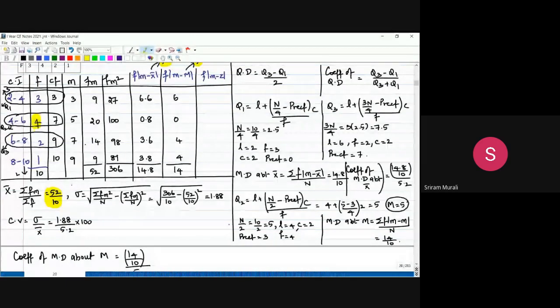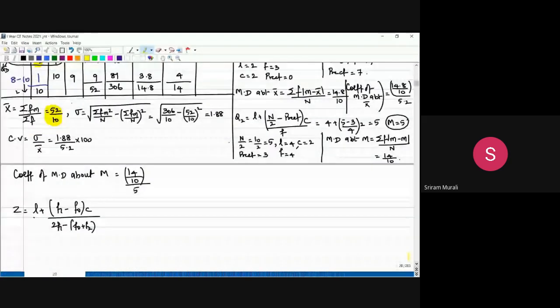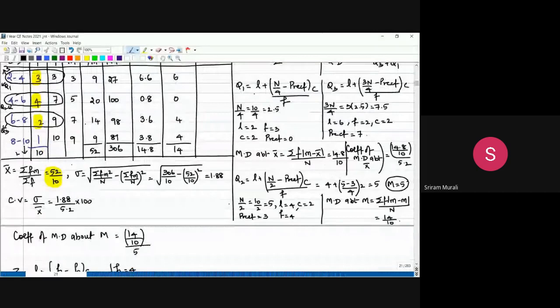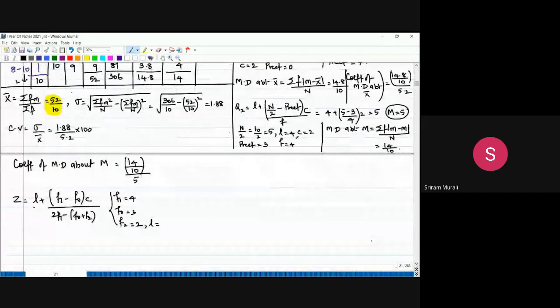So this is my F1, this is my F0, this is my F2. So F1 is equal to 4, F0 is equal to 3, F2 is equal to 2. L is the lower limit of 4, and C is 2.